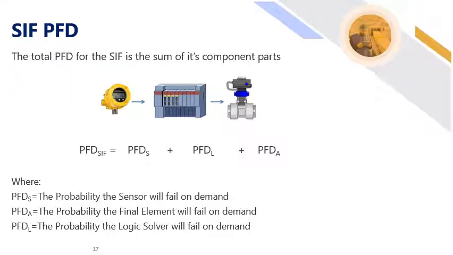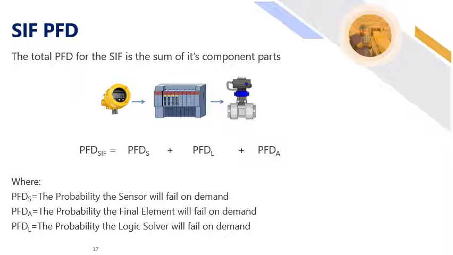So once we've got a PFD for an individual piece of equipment, how do we work out the PFD for the safety instrumented function? Well, that's quite easy. All we need to do is add the different probabilities together. So as you can see from this calculation, we take the probability to fail on demand for the sensor plus the probability to fail on demand for the logic solver and the probability to fail on demand for the final element.